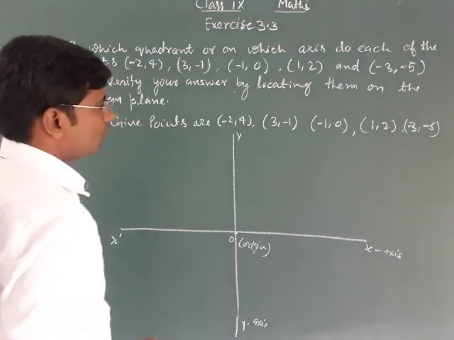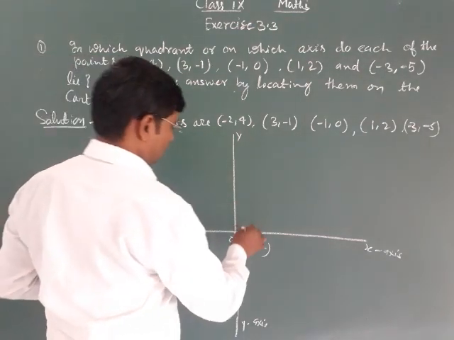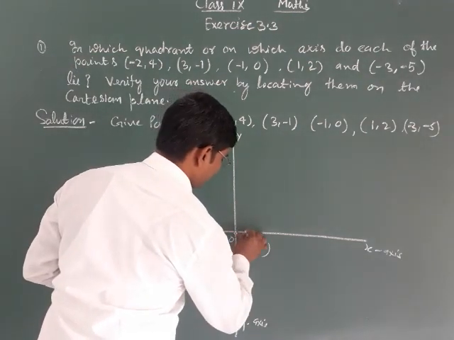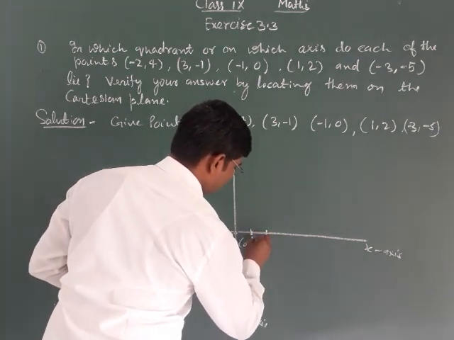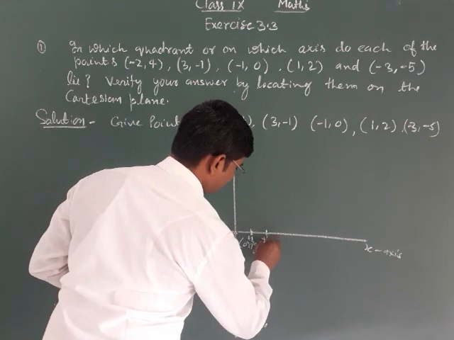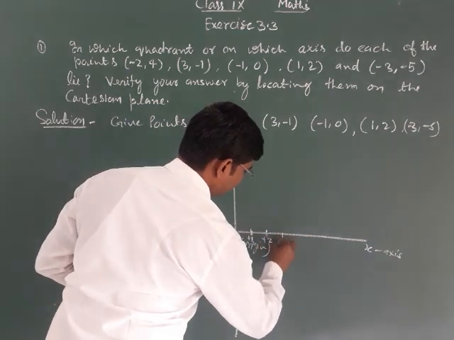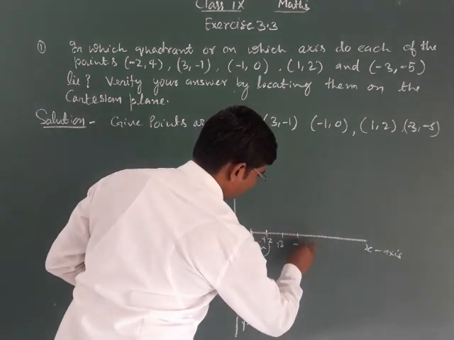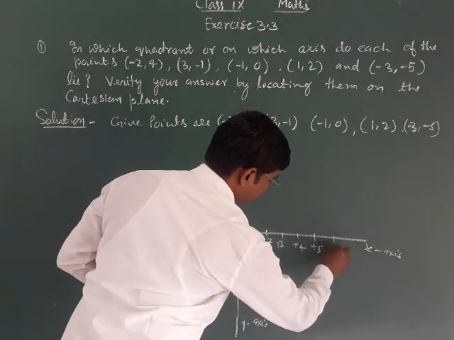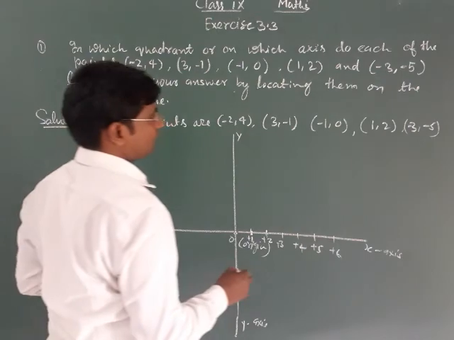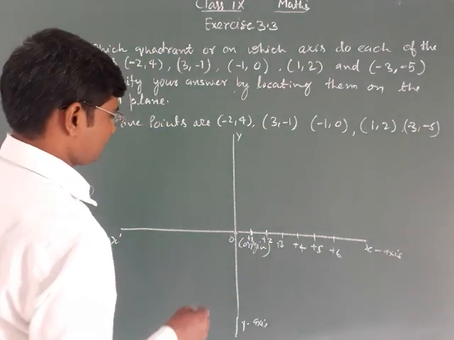So now locate the points: to the right of the origin take 1, 2, 3, 4, 5, 6.